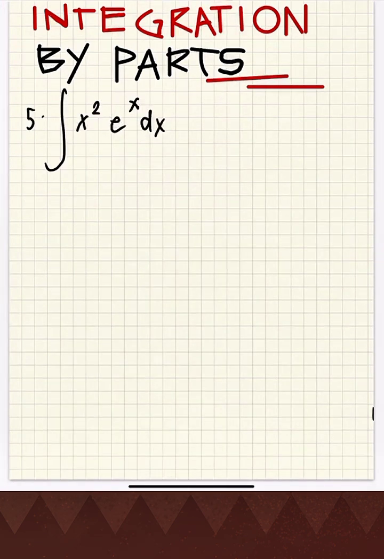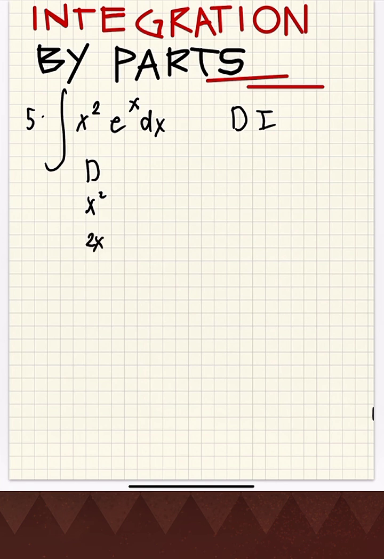Let's solve problem number 5, which is the integral of x squared multiplied by e raised to x dx. In this problem, we can apply a new technique, which is the DI method. Our D will be x squared, and the derivative of it is 2x.